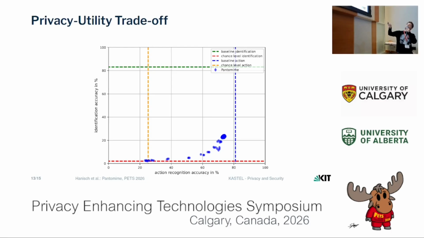And here we have the clear-level performance for both action and identification. What you can see is that we can reduce the identification by a lot, but still stay very close to the action recognition that we initially had. And by adding more noise, we get this nice trade-off curve where we can even decide to anonymize more strongly if we like to.